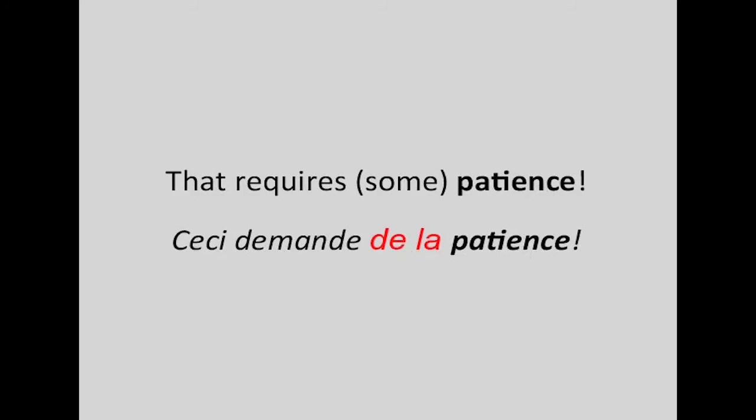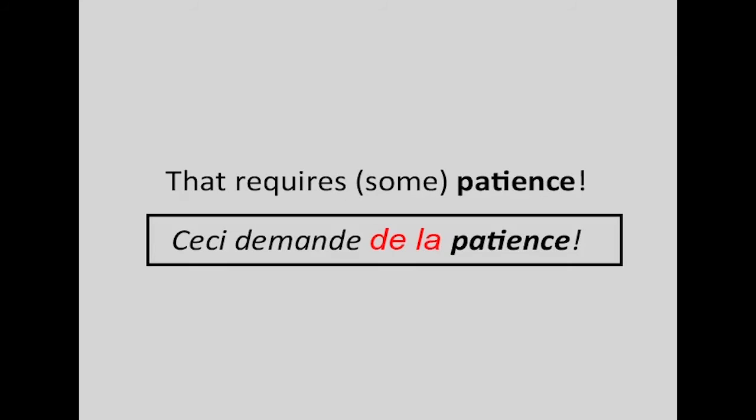If we were to replace courage with patience, this sentence would be "Ceci demande de la patience." The partitive article "de la" precedes the word "patience" because this human trait is a feminine word. The same holds true for food and drinks.